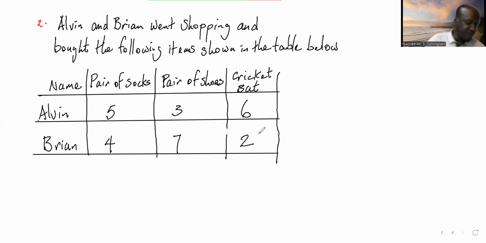Represent the information given in the table above by a suitable M by N matrix. State the order. People who are doing paper 3, by chance, I have seen questions like this come for paper 3.